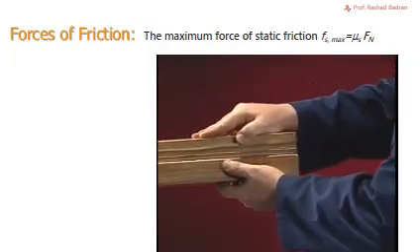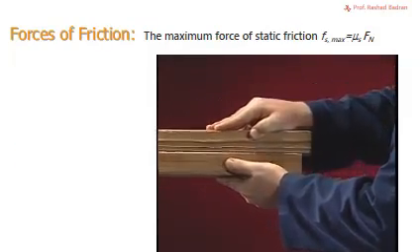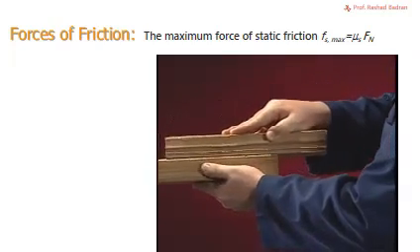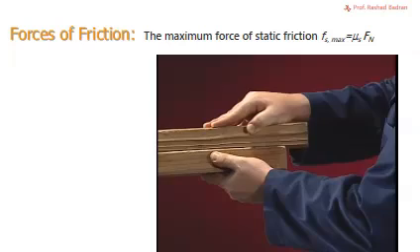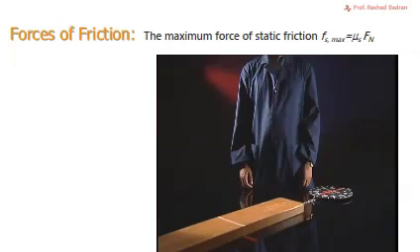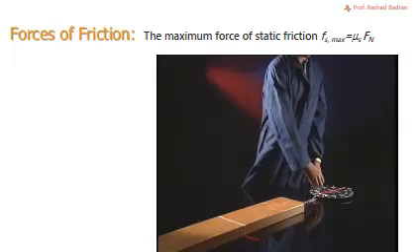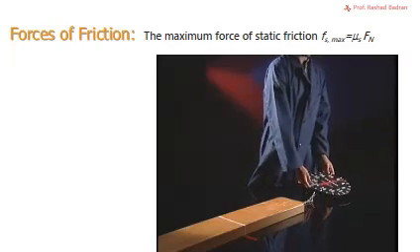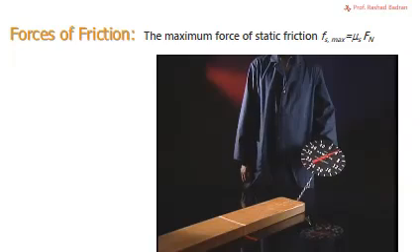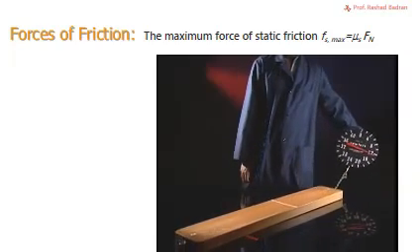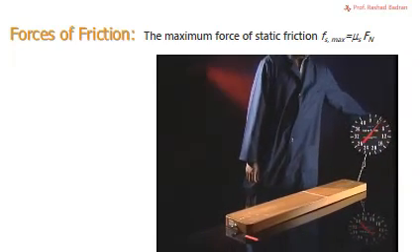Any two objects being rubbed together have frictional forces between them. How do those forces depend on the area of contact between the objects? We'll use this long board and a spring scale to find out. If we pull the board along the table with its widest face down, the amount of force required to overcome static friction is about 12 newtons.